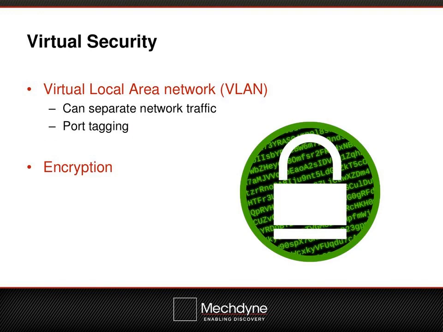There's some things you can do virtually in that way as well to separate the traffic. So one thing you could do is a virtual local area network, or a VLAN. This is basically a software configuration of your network switch that says these ports on the network switch can talk to each other, and these other ports on the network switch can talk to each other, but between those two groups, no traffic can go from one group to the other.